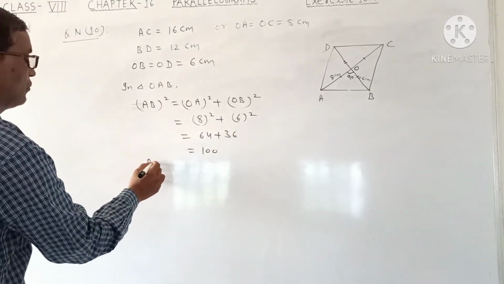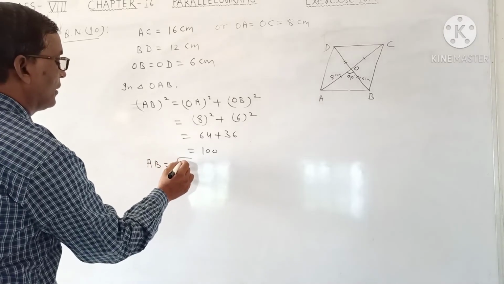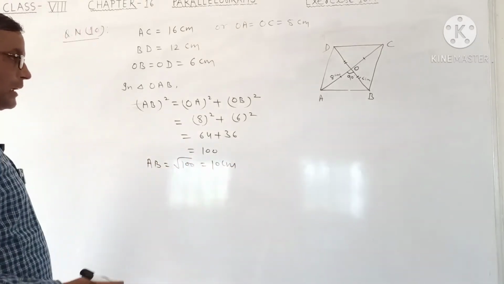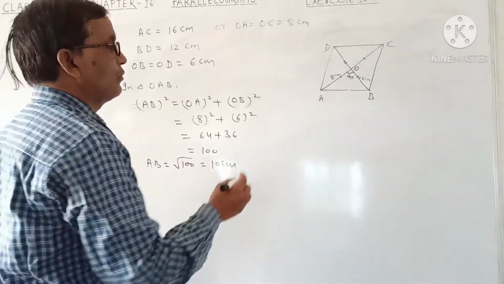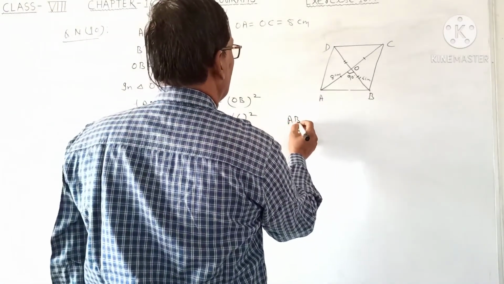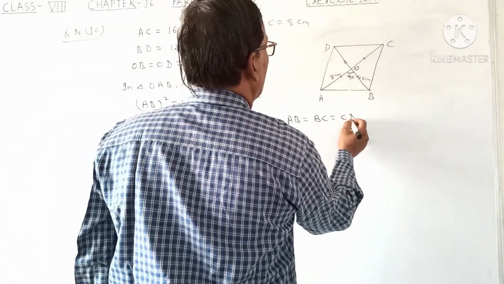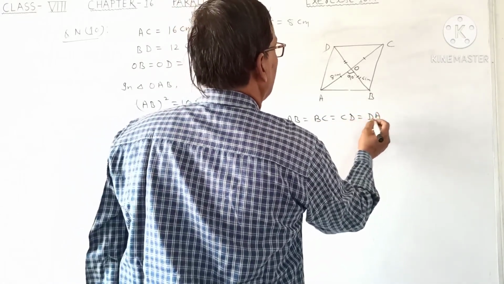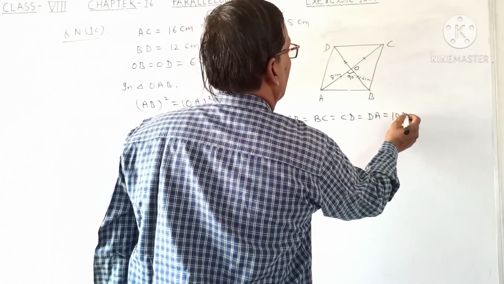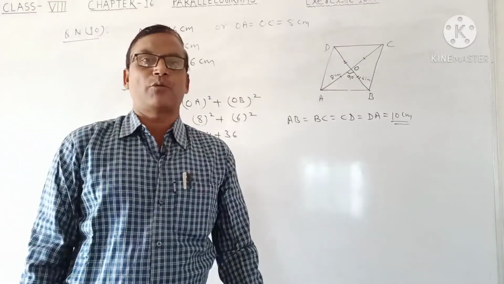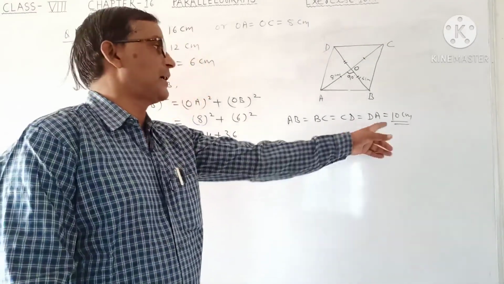Therefore, AB equal to under root 100 equal to 10 centimeter, and all sides are equal, therefore AB equal to BC equal to CD equal to DA equal to 10 centimeter. This is your answer. रोम्बस के सभी साइड इक्वल होते हैं, इसलिए सभी साइड 10 सेंटीमीटर होंगे.